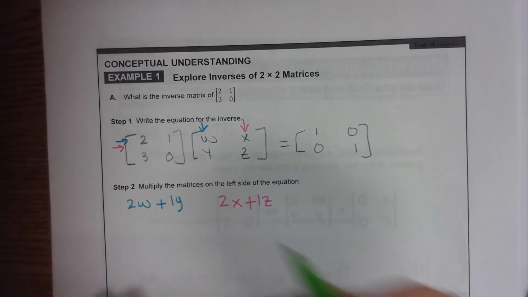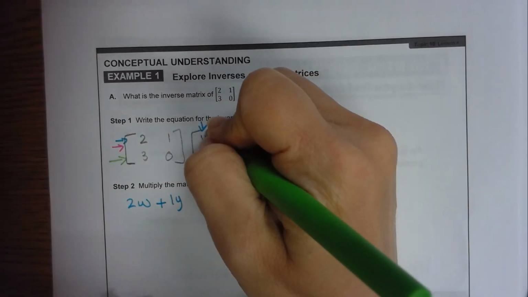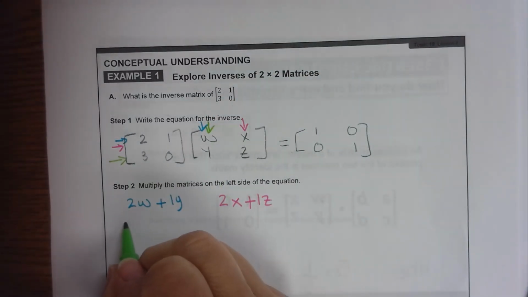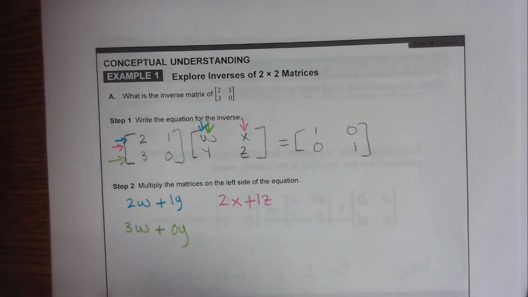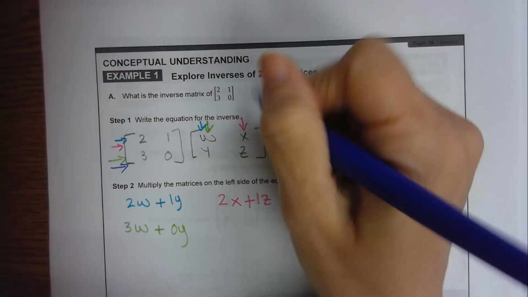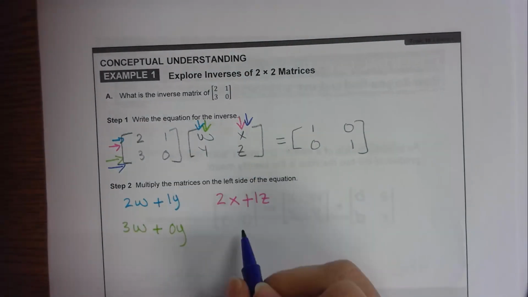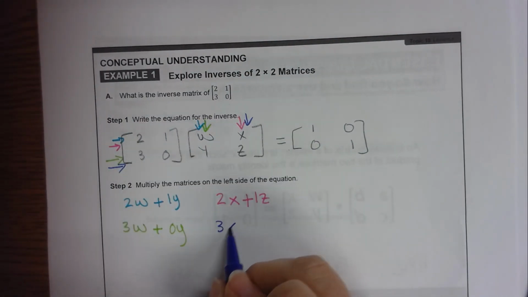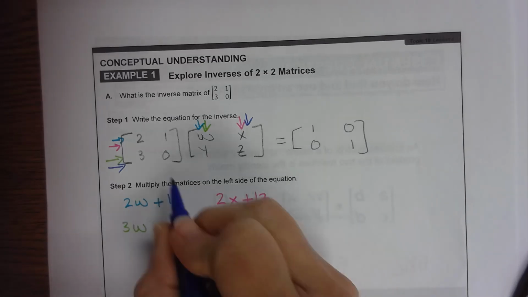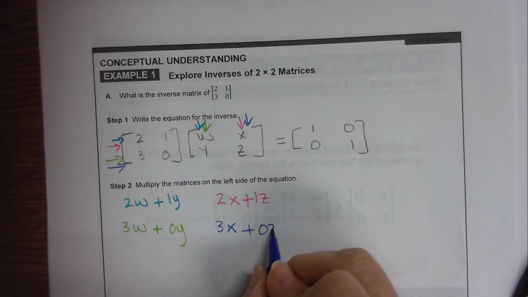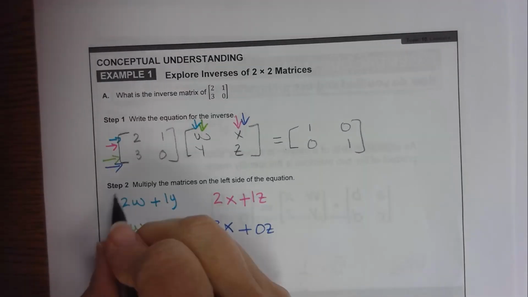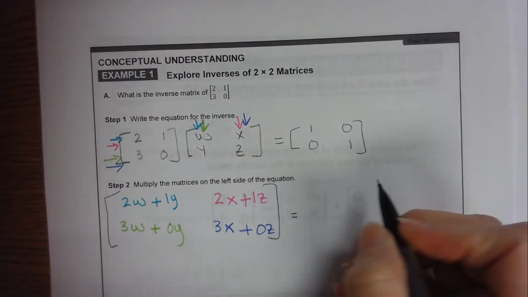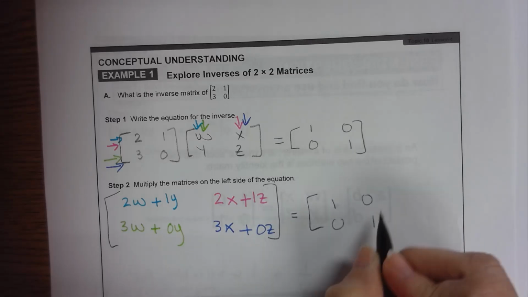Then second row, first column gives me 3W plus 0Y. And then second row, second column gives me 3X plus 0Z. That matrix must equal 1, 0, 0, 1, the identity matrix.